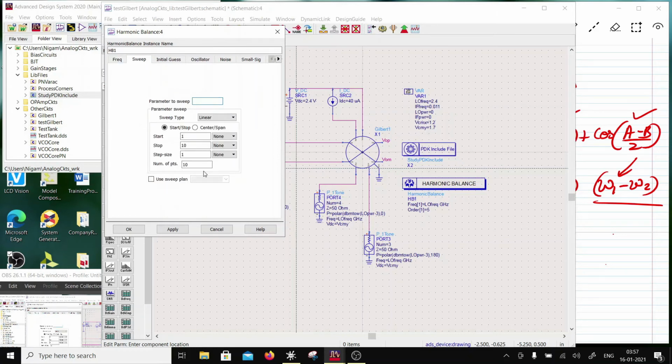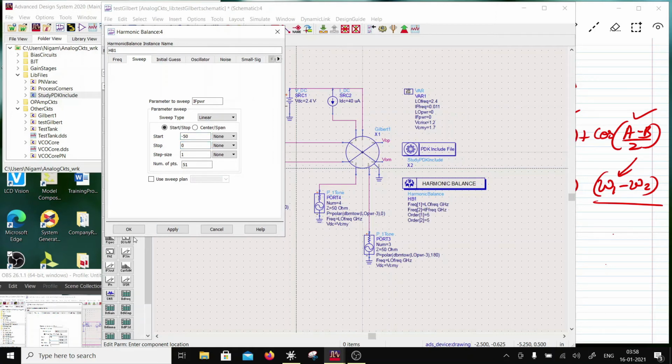Then I'm going to do a sweep. I'm going to sweep the IF power from -50 to, let's say, 0, in steps of, let's say, 1.